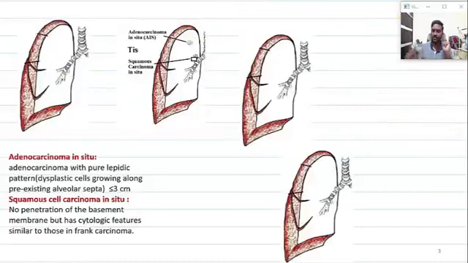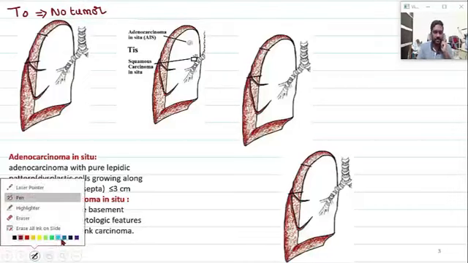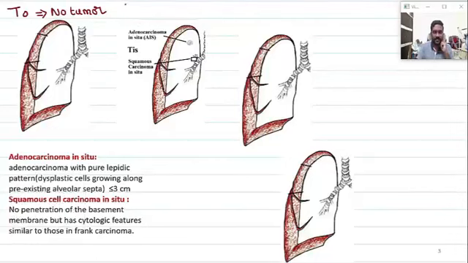Coming to the tumor status, we have something called T0. T0 means there will be no tumor. Next we have something called TIS.